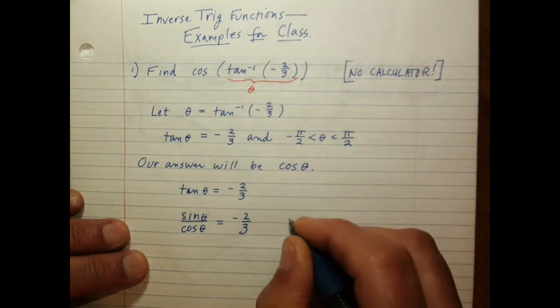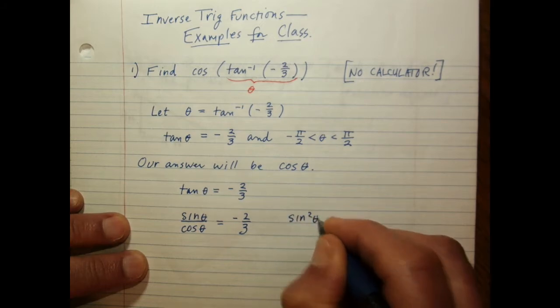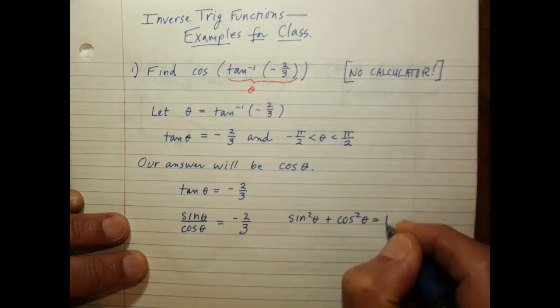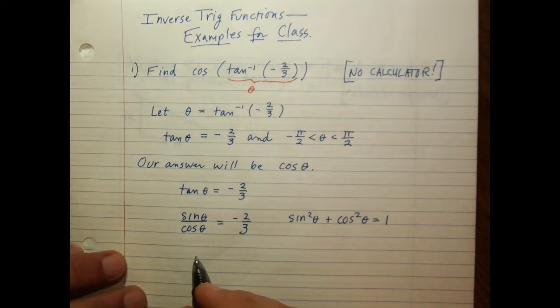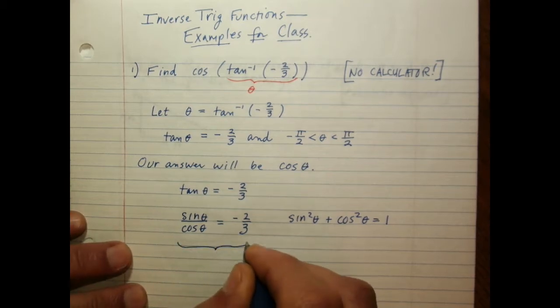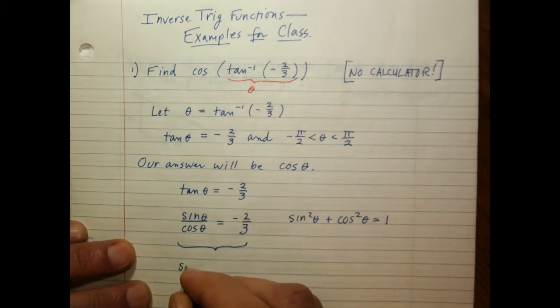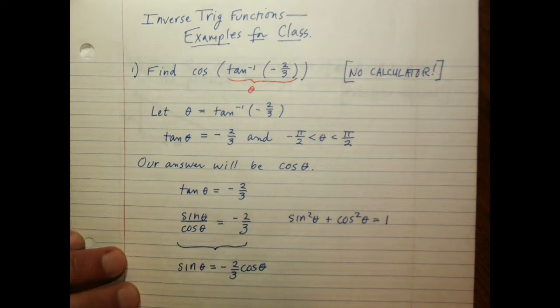And we're also going to use the fact that sine squared theta plus cosine squared theta equals 1, that most famous trig identity. I'm going to take this first equation from tangent and multiply both sides by cosine. I get sine theta is equal to negative 2/3 cosine theta.